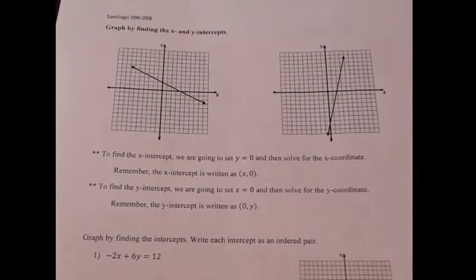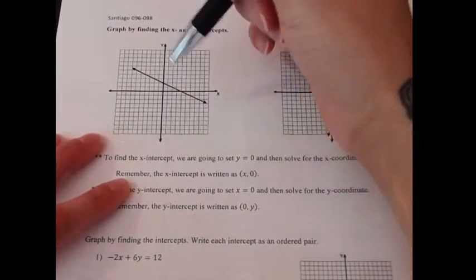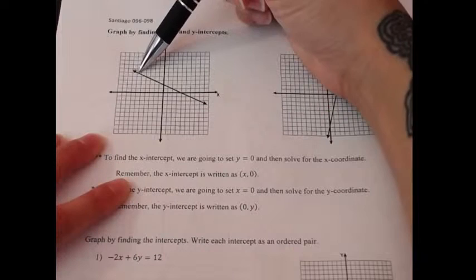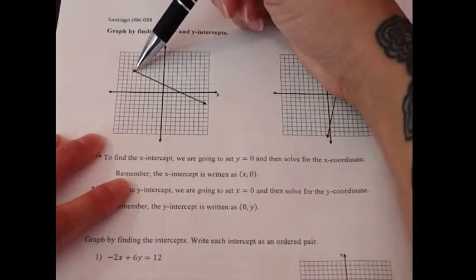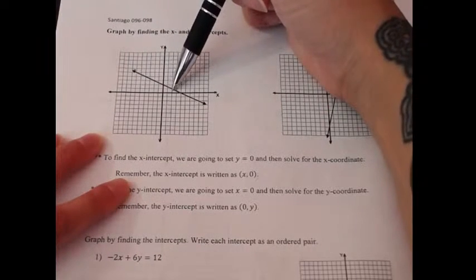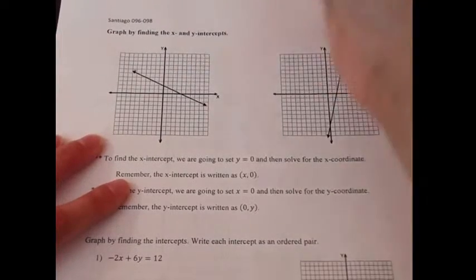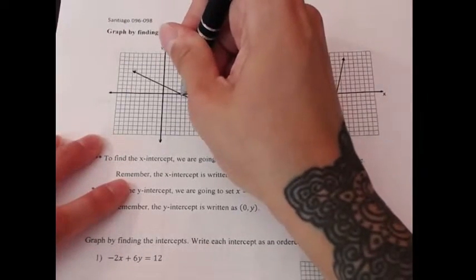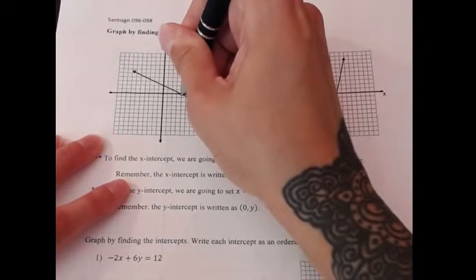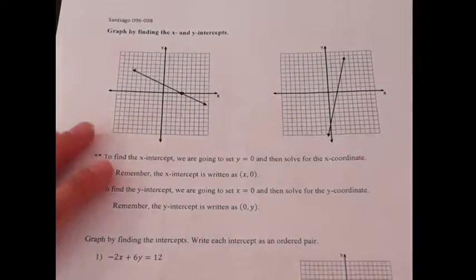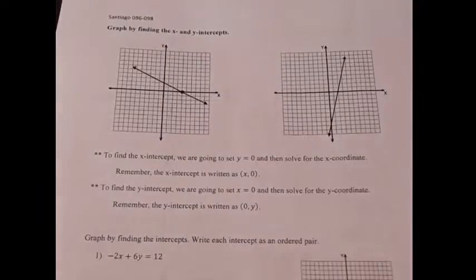So for instance, I hope that it's very clear for you, especially in your notes. When I look at this line and I follow this line until I hit the x-axis, notice that my line hits the x-axis at this point right here. So I'm going to put a big old dot right there to identify that specific point.